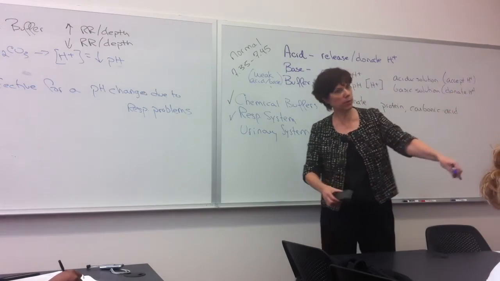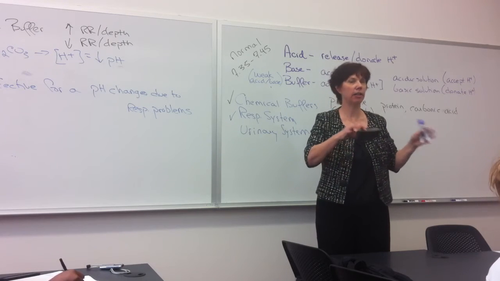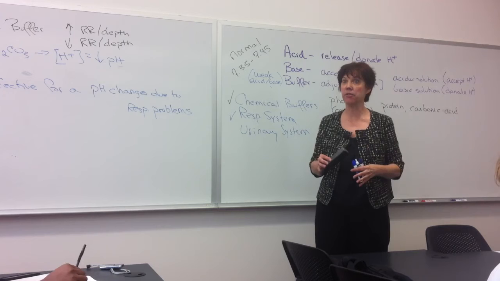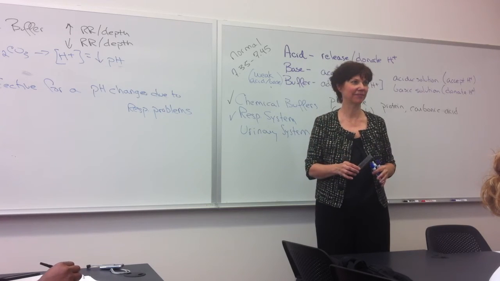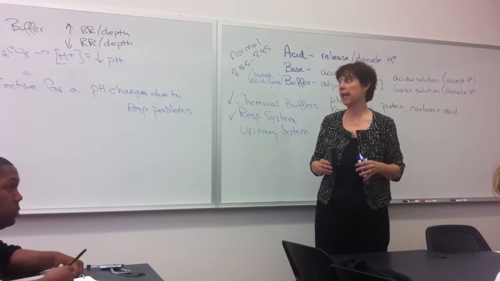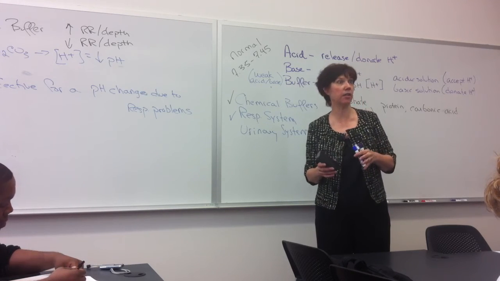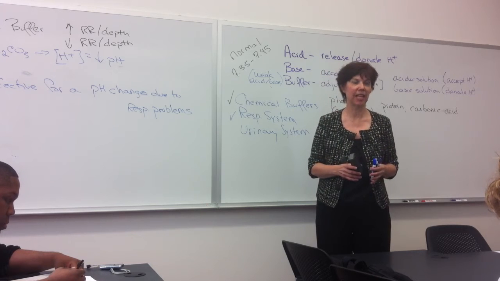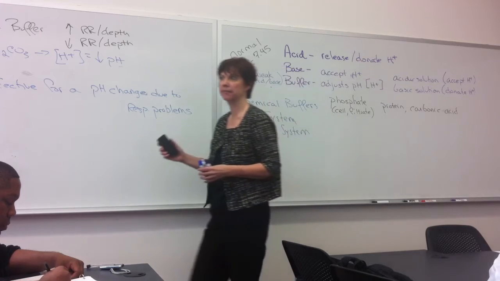So most of the cells in the kidney that are involved in adjusting pH are active during acidosis. So they are going to be moving hydrogen ions. Are they going to secrete hydrogen or reabsorb hydrogen if they are involved in adjusting a pH under acidotic conditions?